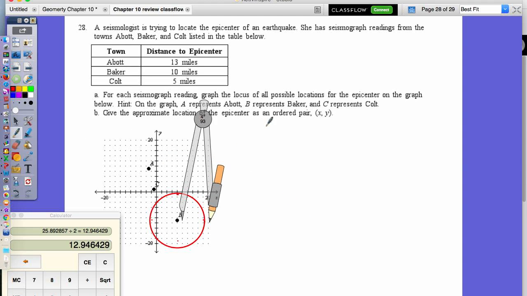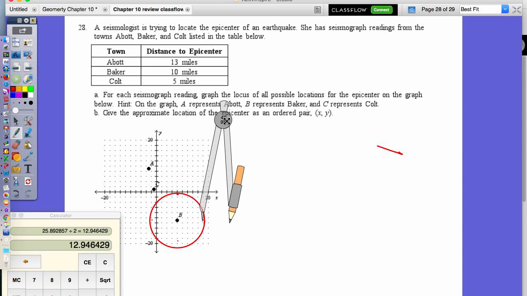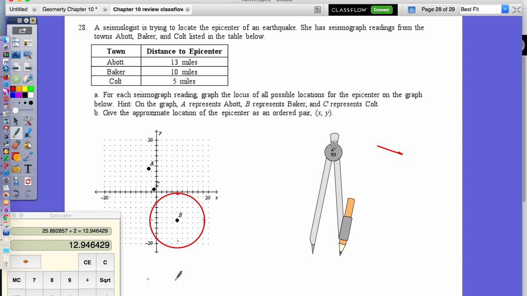That's what we mean when we say graph the locus of all possible locations.